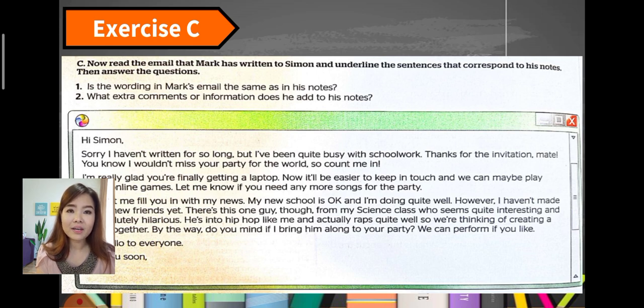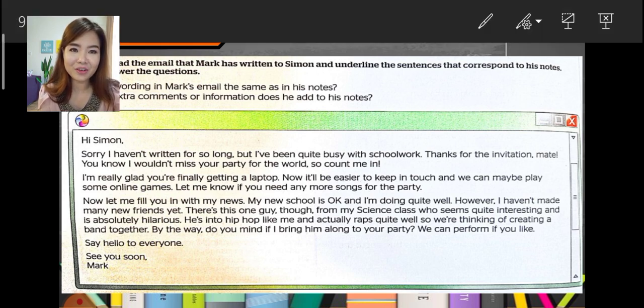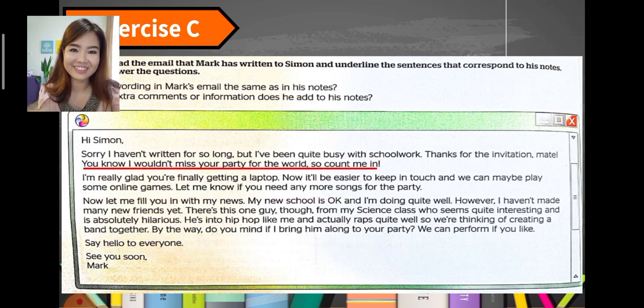Number 2, what extra comments or information does he add to his notes? Now, if you look at Mark's email to Simon, he has given his news to him. He has expressed how happy he is and glad that his friend Simon is getting a laptop. But can you see extra comments or information that he has added? Yes, I would like you to look at paragraph 3. Now, let me fill you in with my news.